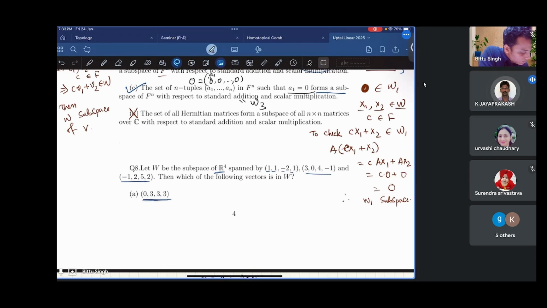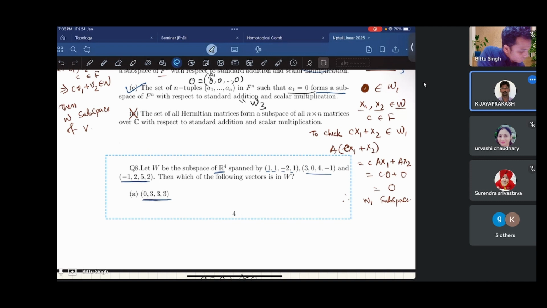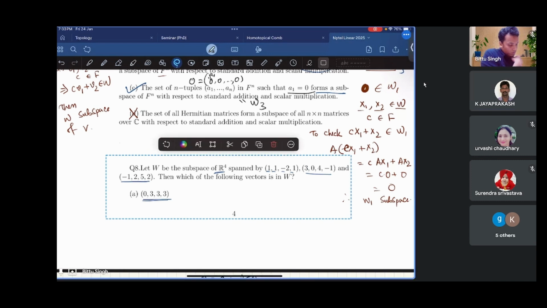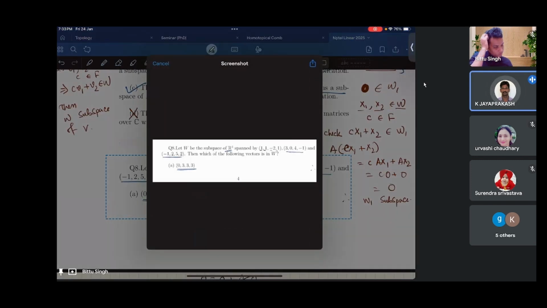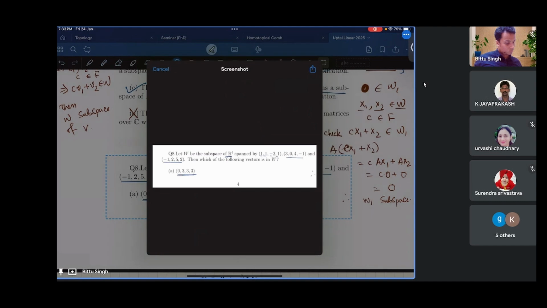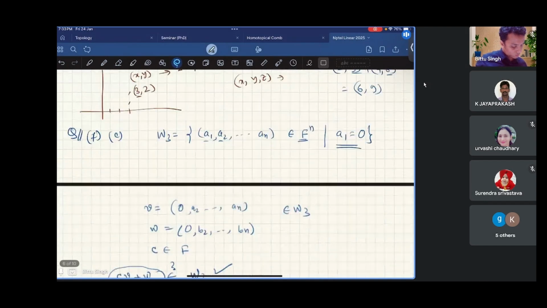How do we copy this? Copying is not allowed, right? Copying this picture is not allowed. Maybe a screenshot. Yes, a screenshot is allowed. Okay, so let me paste here.